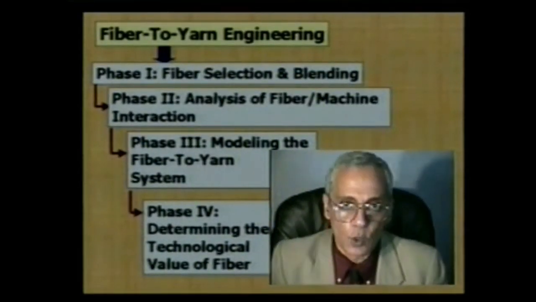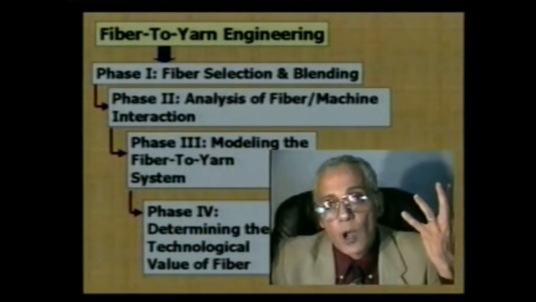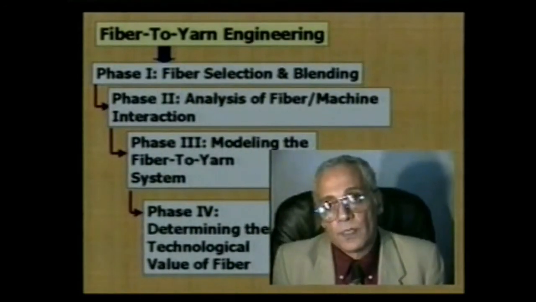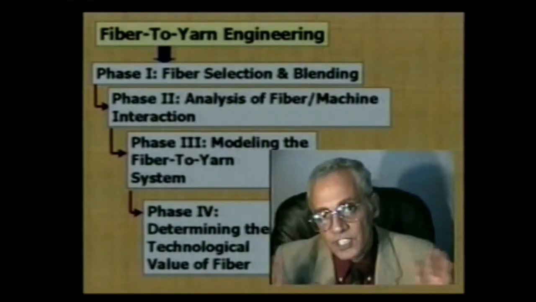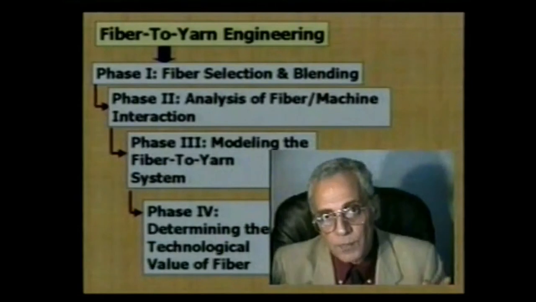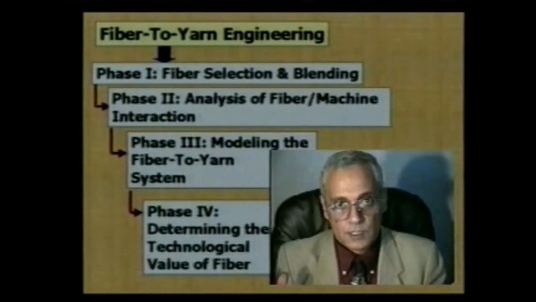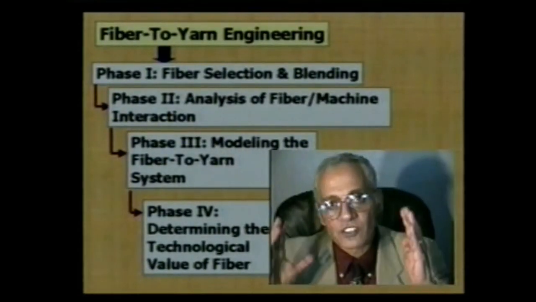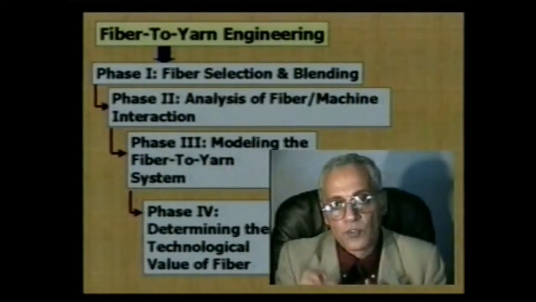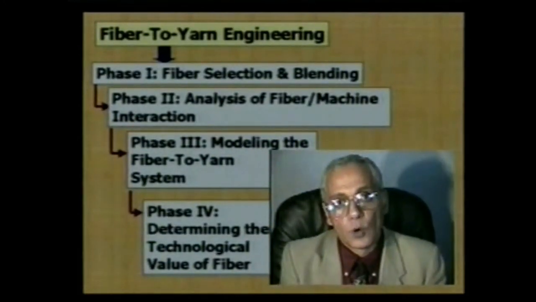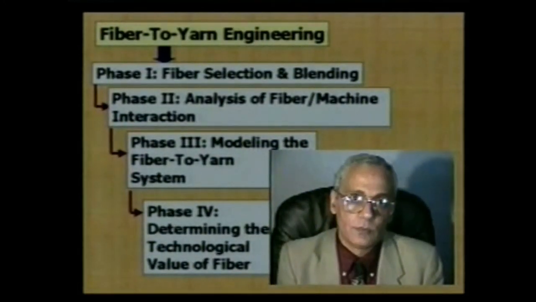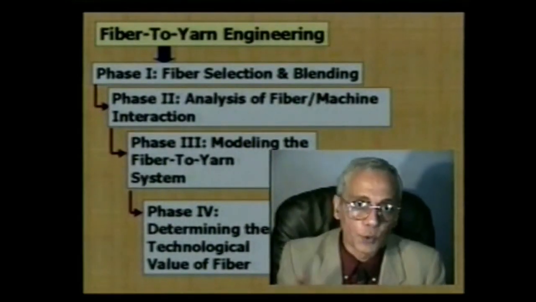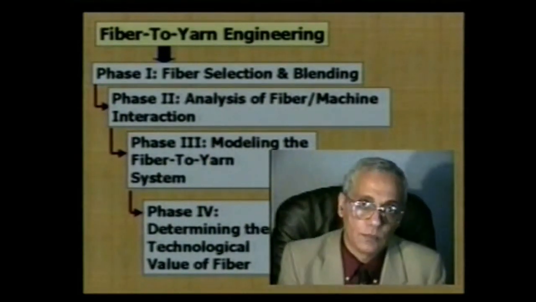This is the major cost, remember? This is where our emphasis, our effort should be. The top 5% of the companies in the world build their success on fiber selection, on what value of fibers they ought to use or ought to pay.